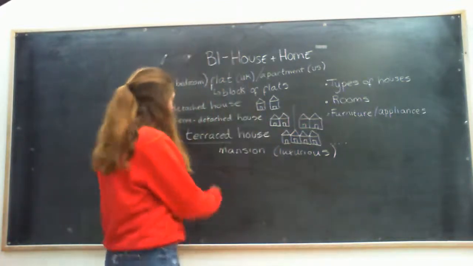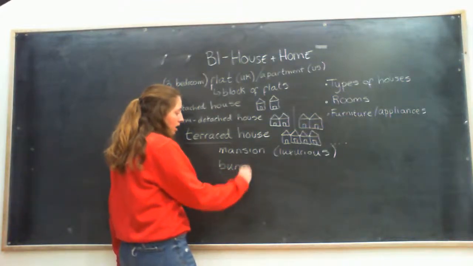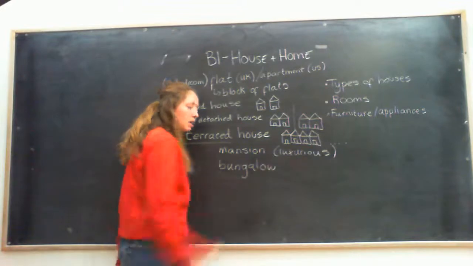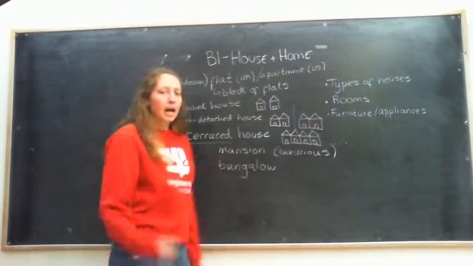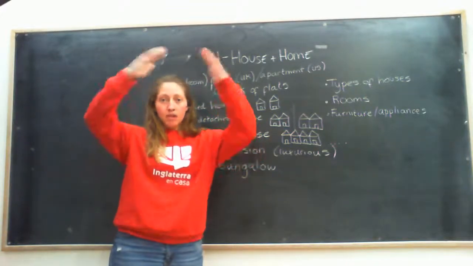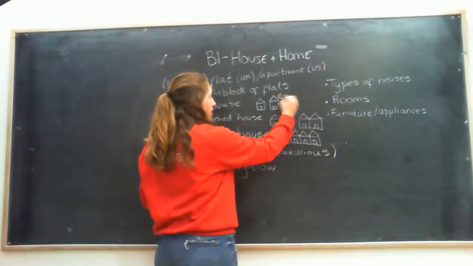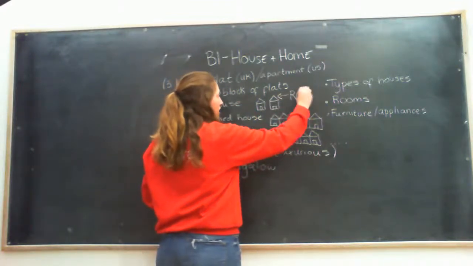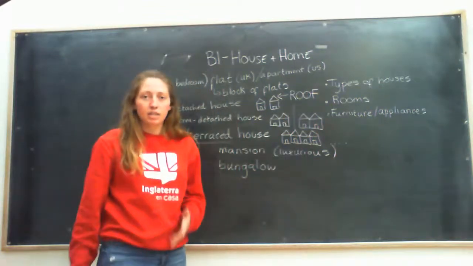We might also live in a bungalow. Do you know what a bungalow is? A bungalow is a house because it has a roof. Typically, a house has a roof. This thing here is a roof.